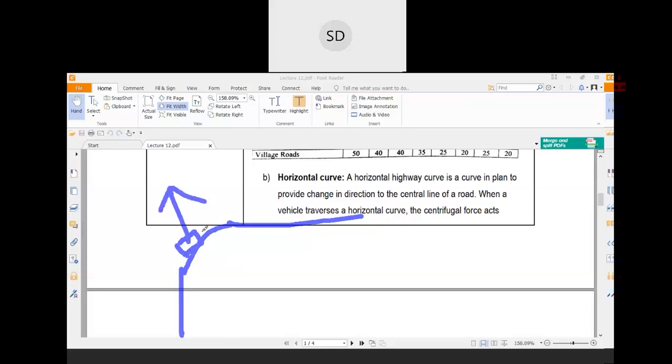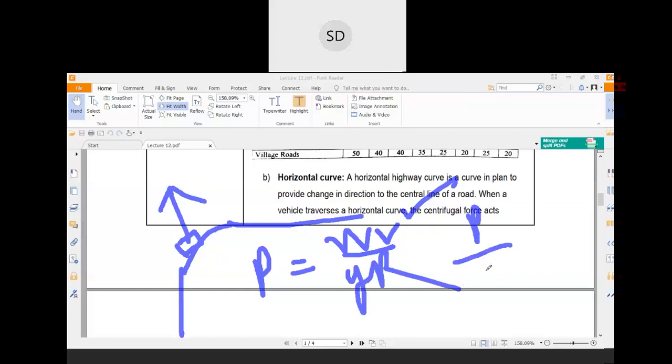The centrifugal force value P would be equal to W V square by G R. So that is your centrifugal force, and the ratio P by W equals V square by G R, and it is called the centrifugal ratio.